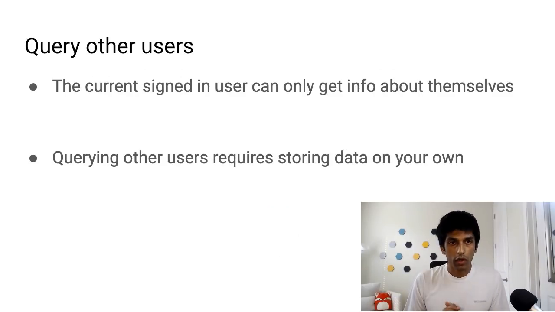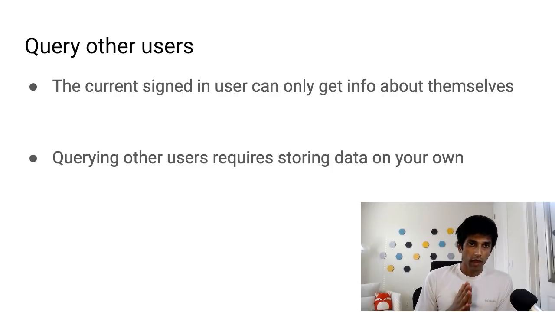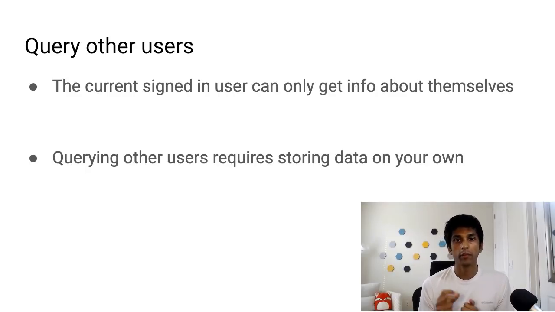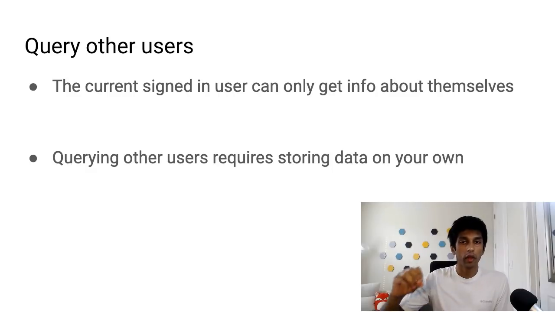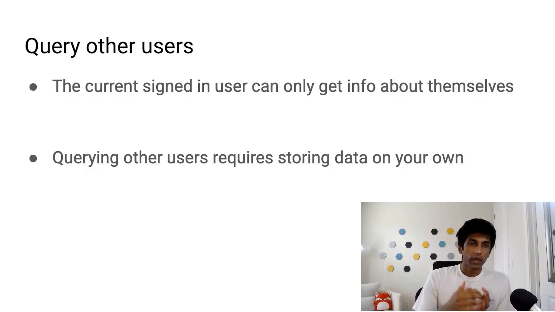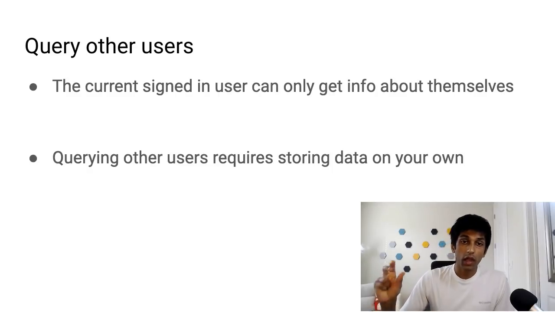There's one more annoyance about Firebase Authentication, which is that the currently signed in user can only get information about themselves. But if you think back to the main screen of our application, we want to be able to query for all the other users in our application. So every time a user is created in our app, we have to create a user document in our database in Firestore and store the data for that user.